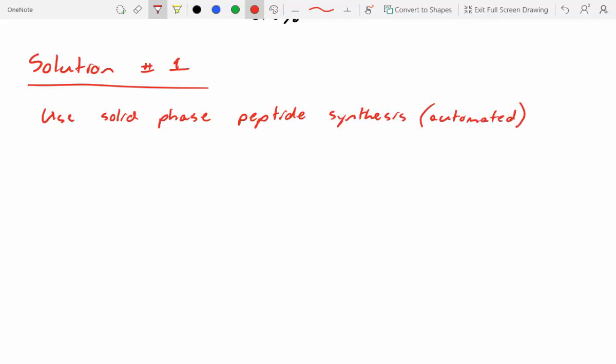Basically, you can buy this expensive machine. You can type in the amino acid sequence you want. It's got a bunch of bottles on top with the amino acids already protected up there, and you can cross-couple them together at will, and you sit back and let the machine chug away, right? That's an easy solution. Solution 2 is even better.